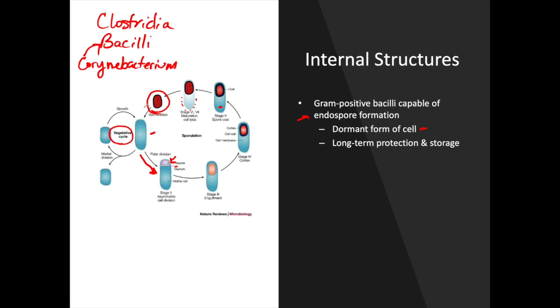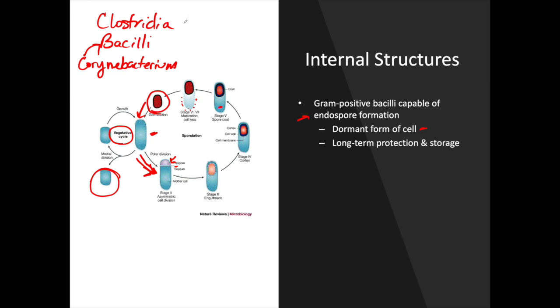When water is now available and nutrients are now available, these bacteria will begin germination like a seed. And so germination results in new vegetative cells that enter into this vegetative cycle, and then it can begin again. They either go and start creating new colonies, or times get tough and they go back into the sporulation cycle.